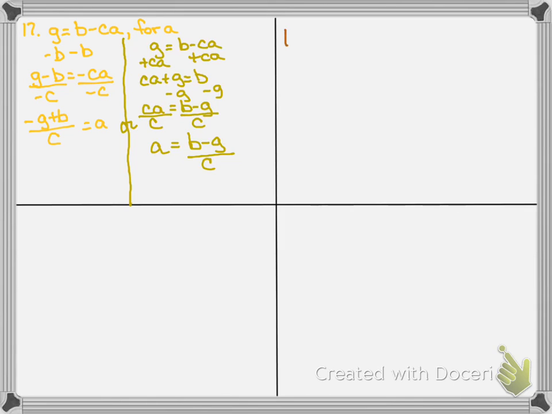All right, let's go on to number 19. This is 2x plus 4 is equal to x times G, and we're solving for x.